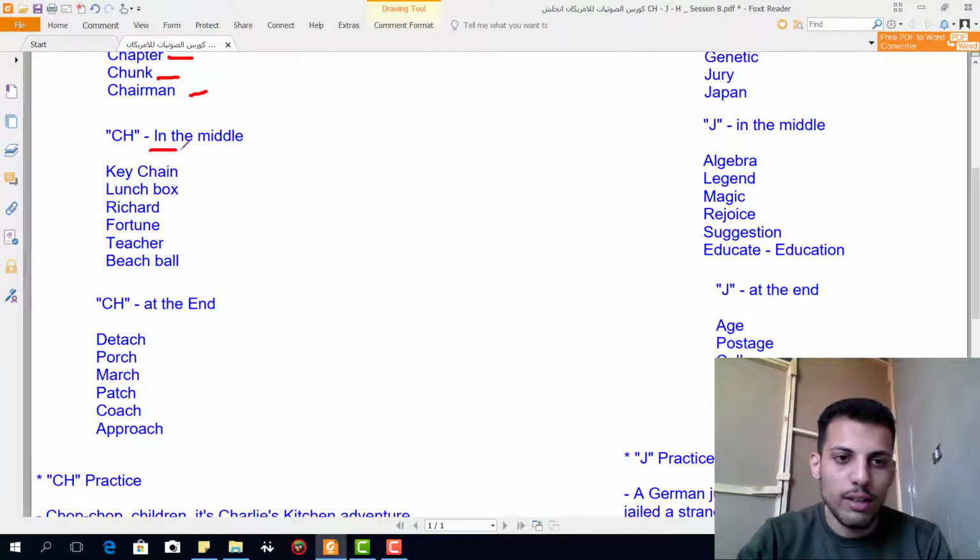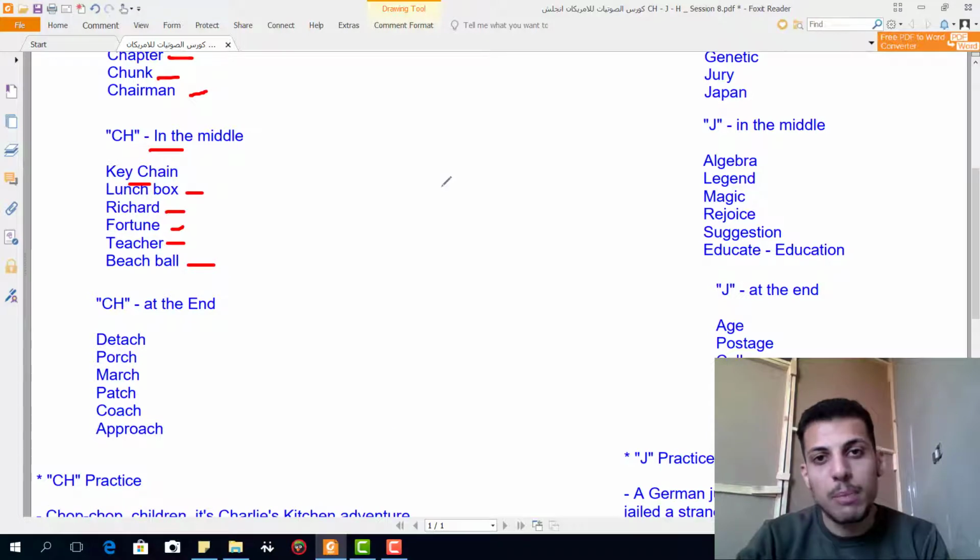Cha in the middle: keychain, lunchbox, Richard, fortune, teacher, and beach ball.